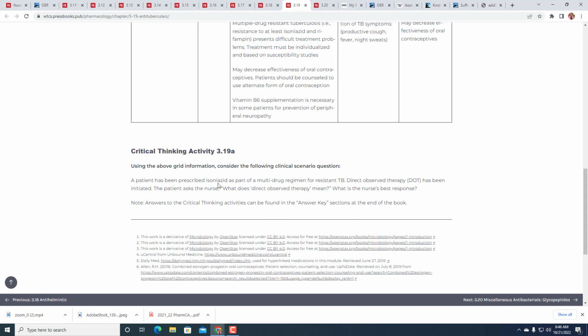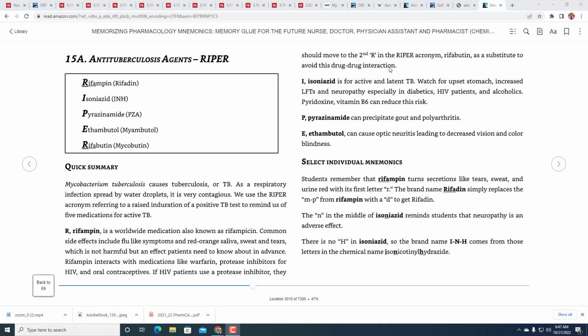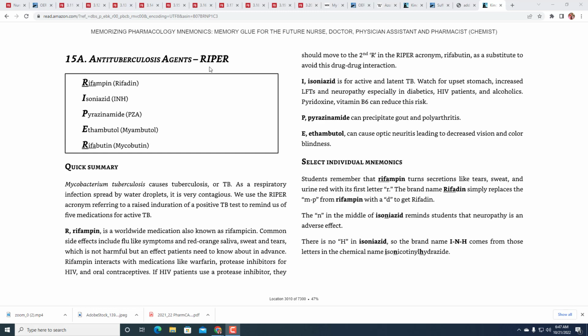But immediately, you should know that isoniazid is for TB, and that's because it's in the RIPE mnemonic. And this is from the book Memorizing Pharmacology Mnemonics. So Memorizing Pharmacology is just the stems. Memorizing Pharmacology Mnemonics, that's the one where you're kind of taking the next step, if you're going to be a nurse practitioner, physician, physician assistant, pharmacist, and so forth.